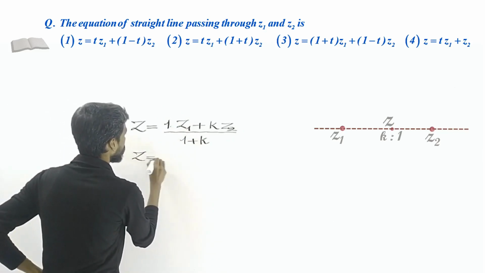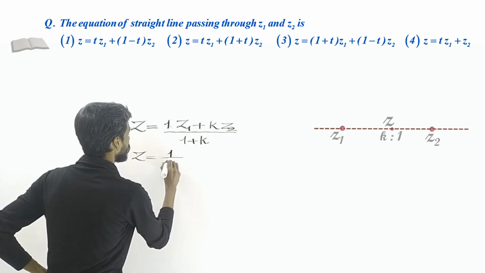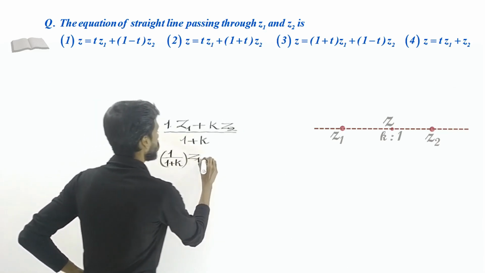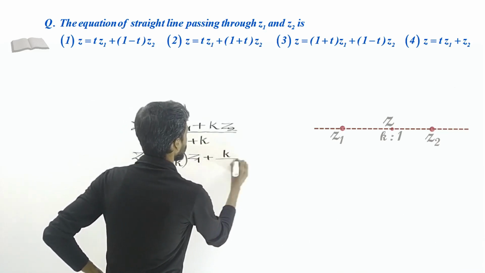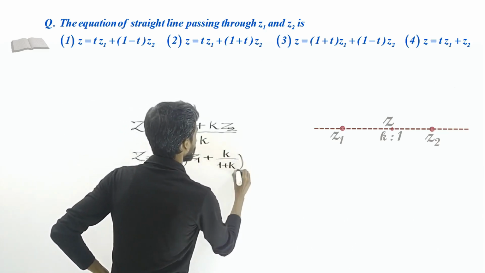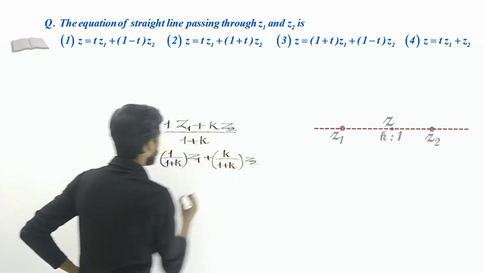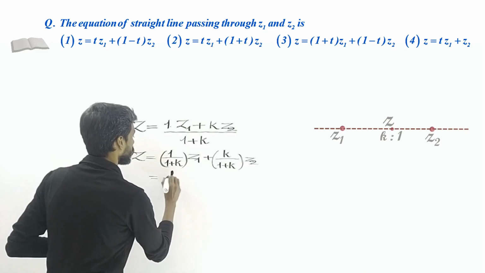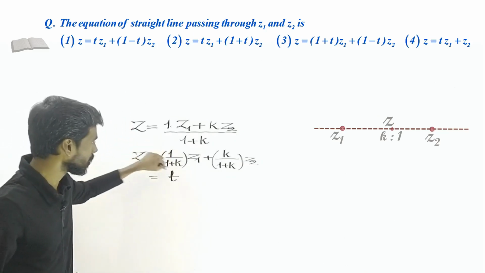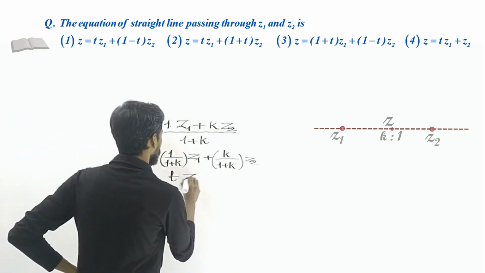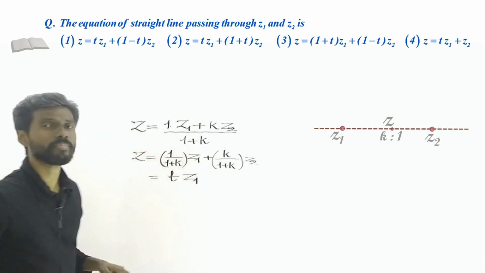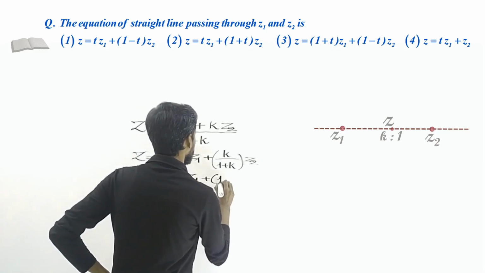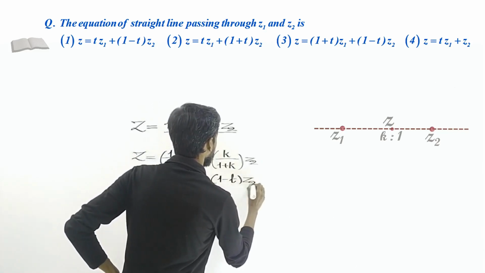So z can be written as 1 divided by 1 plus k multiplied by z1 plus k divided by 1 plus k multiplied by z2. Now we take this 1 by 1 plus k as some t. So t multiplied by z1. Then what is this? If this is t, then this is 1 minus t, so 1 minus t multiplied by z2.